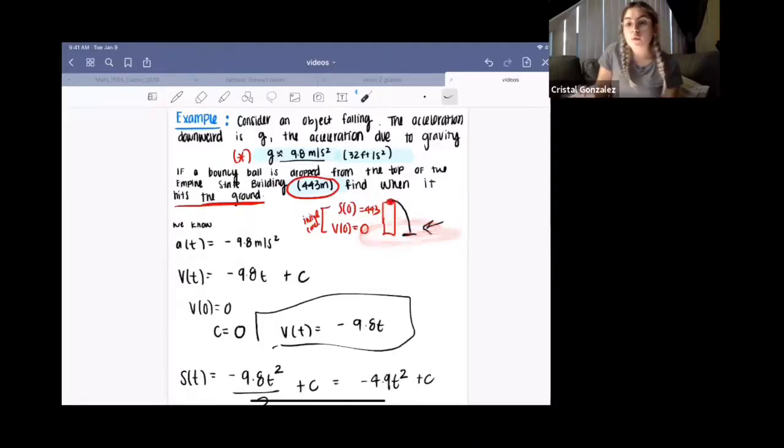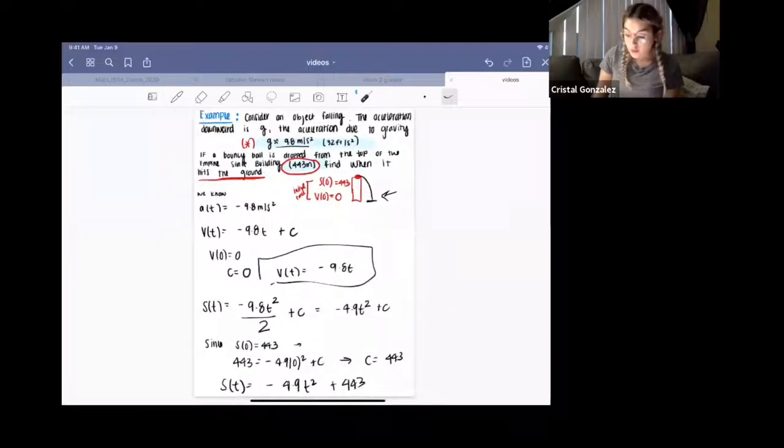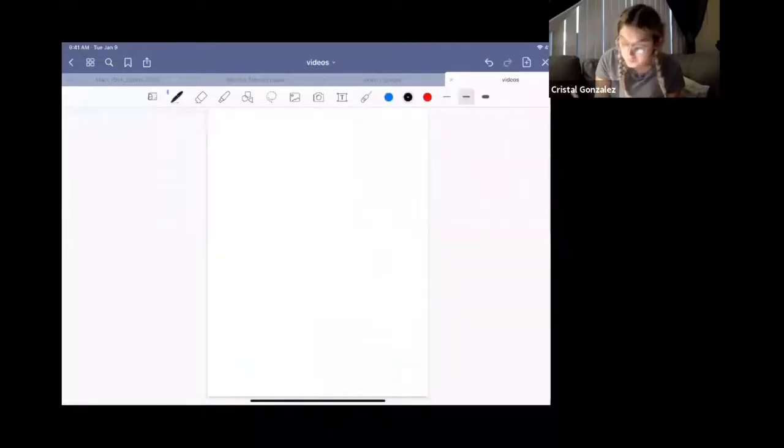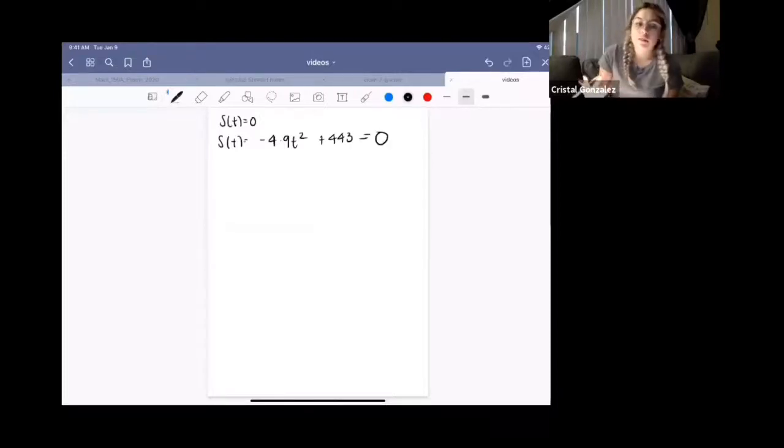So we're going to find out when S of t is equal to 0. Remember that S of t was equal to negative 4.9 t squared plus 443, and we want to know when that equals 0, because that means it hits the ground.